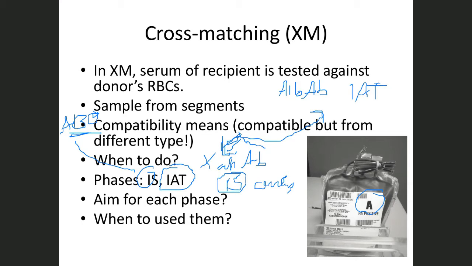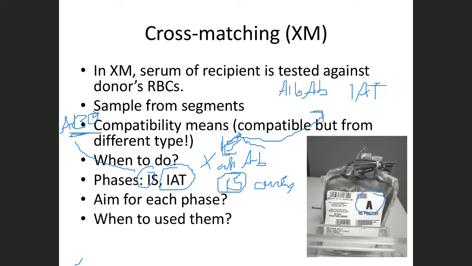Okay, so we understand the main aim of the immediate spin, and the main aim of the indirect phase is to detect a low antibody, a warm antibody from the patient against the donor cell. Of course, I should have known about it earlier in the screening, and I should have noticed it again in the identification, and then determined it and gave compatible blood, but one last time we confirm that it is actually compatible.